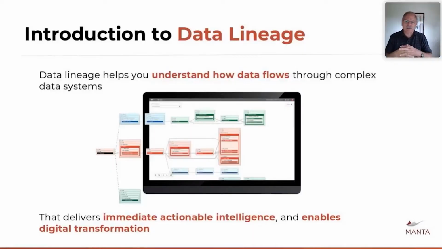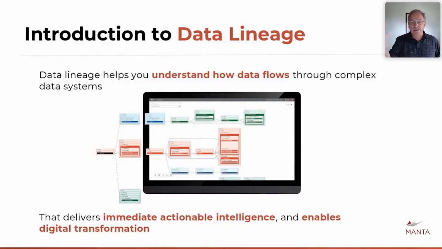First, the introduction to data lineage. Now, data lineage is what helps you understand how the data flows through your systems. So you're storing information in a Microsoft SQL Server table, and you have an Informatica PowerCenter job, or maybe more likely a SQL Server SSIS job that goes and pulls that information out of the table and writes it somewhere else so that it makes it easier to access from a report.